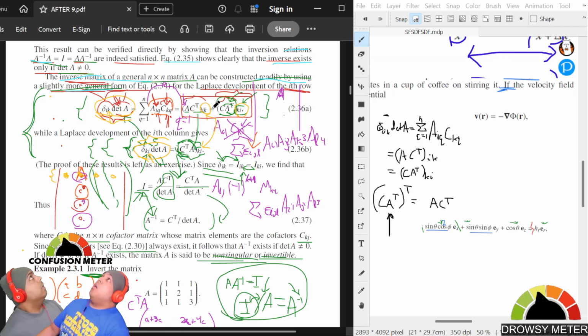Since C is special, it makes more sense. CAT. Cofactor. Cofactor matrix.